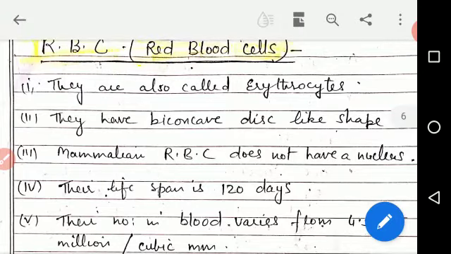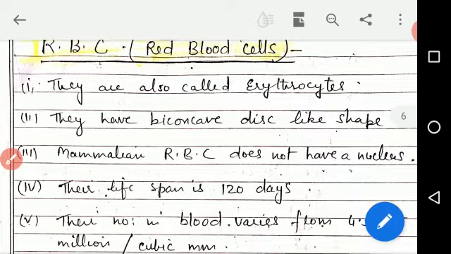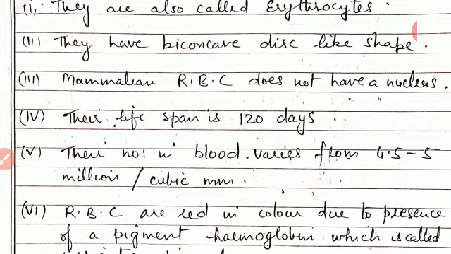First, RBC or red blood cells. They are also called erythrocytes. Second, they have biconcave shape. Third, mammalian RBC does not have a nucleus. Fourth, their lifespan is 120 days.